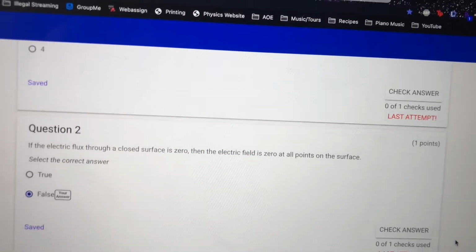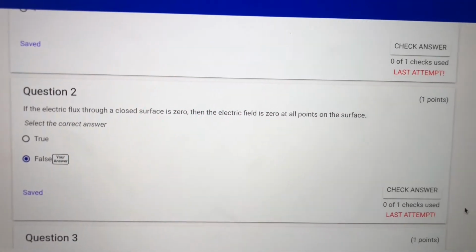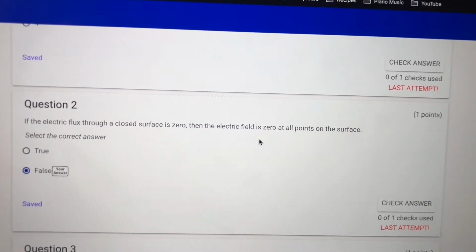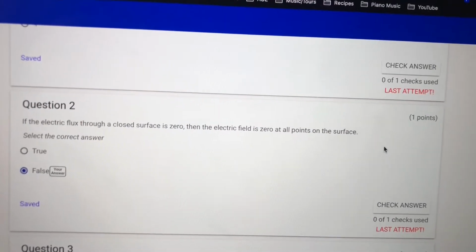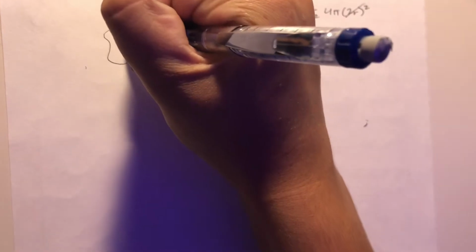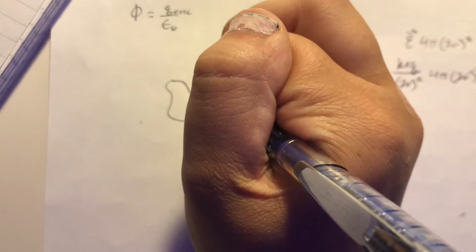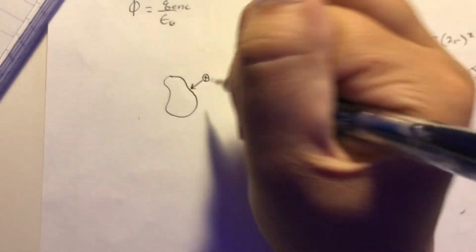We're going to move on to question 2. Again, a little bit of a spoiler, but it's the same kind of idea. If the electric flux through a closed surface is 0, then the electric field is 0 at all points on the surface. If we have a cross section of some enclosed surface, and a point charge out here, say positive, we're going to have the field lines going out in all directions.